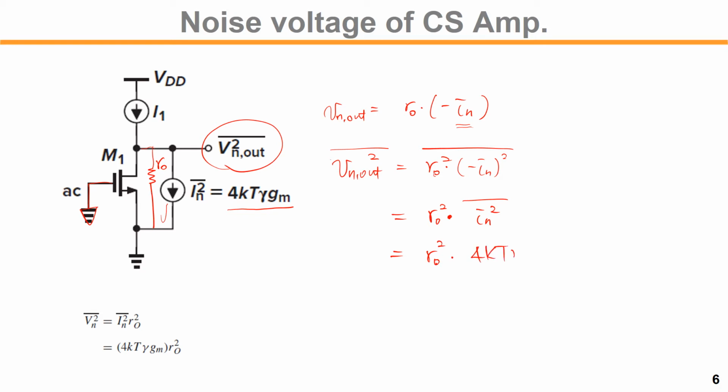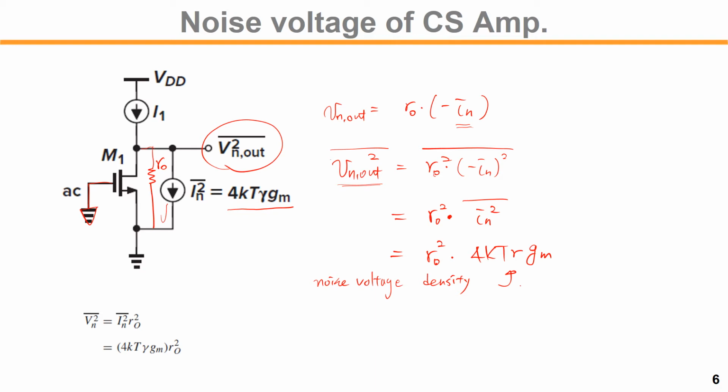We know it is 4KT gamma GM. So the output noise voltage density is found like that.